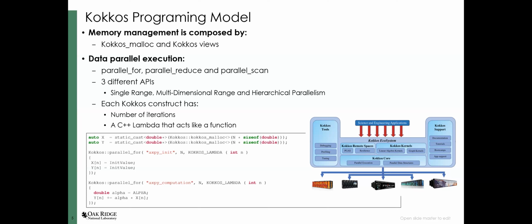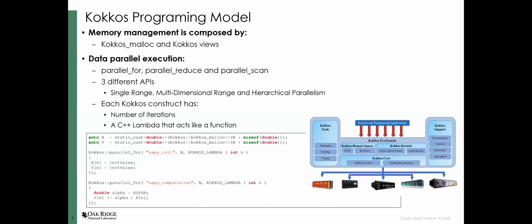And as I said, Kokkos is a C++ front end with different backends. It means that exactly the same code that we see here can be deployed on many different architectures. It can run on NVIDIA GPUs, AMD GPUs, Intel GPUs, CPUs, without changing one line of code.